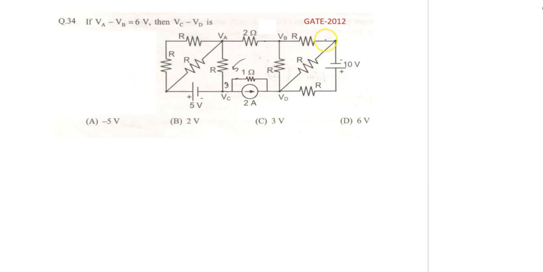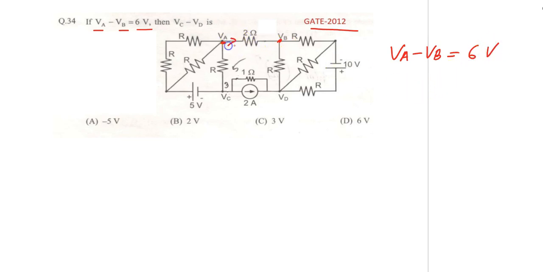This is a GATE 2012 question. It has been given that VA minus VB is equal to 6 volt. This is VA, this is VB.